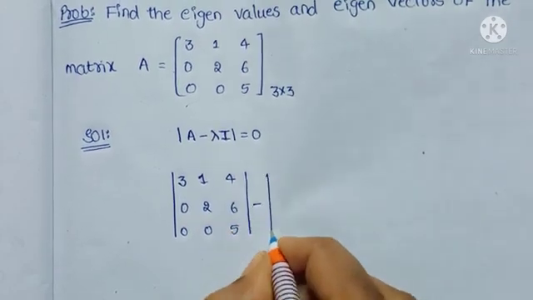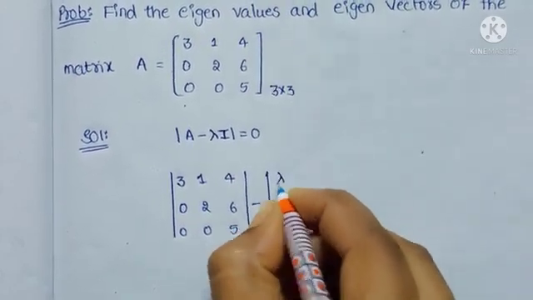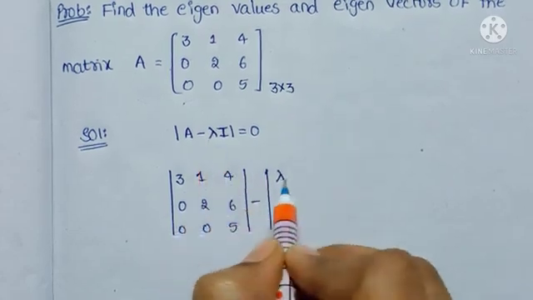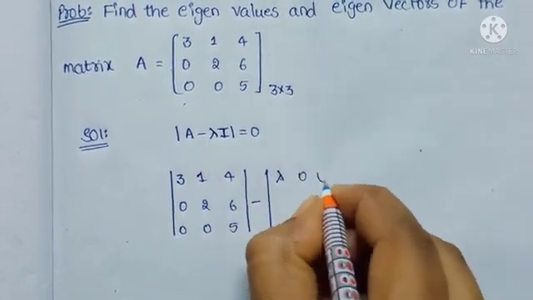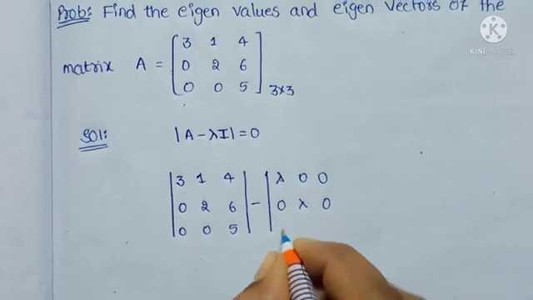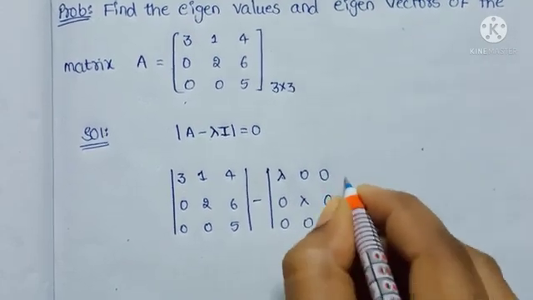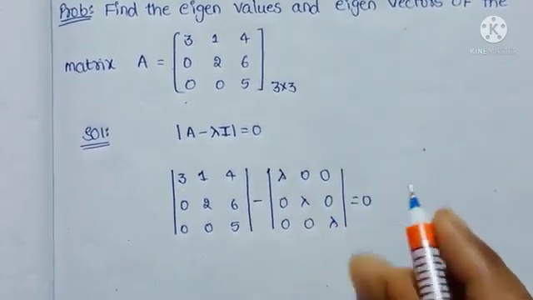I am writing directly where 1 0 0, so I am multiplying with lambda: lambda 0 0, 0 lambda 0, 0 0 lambda, which is equal to 0.